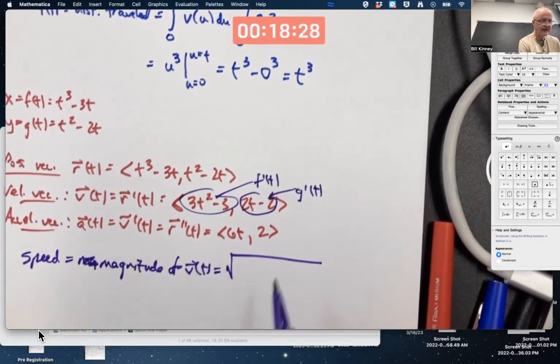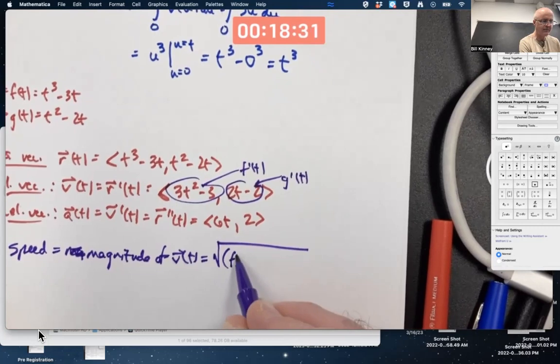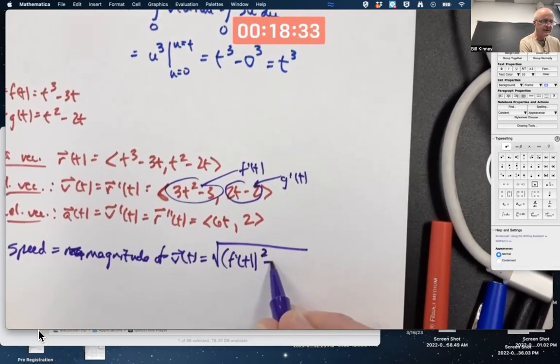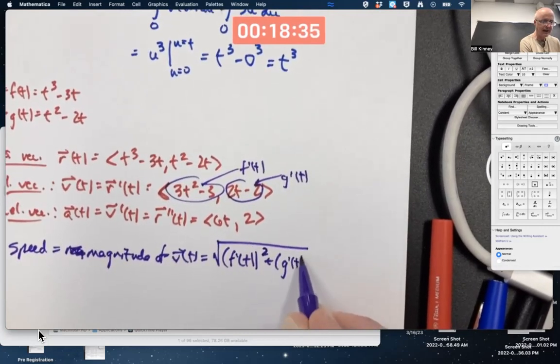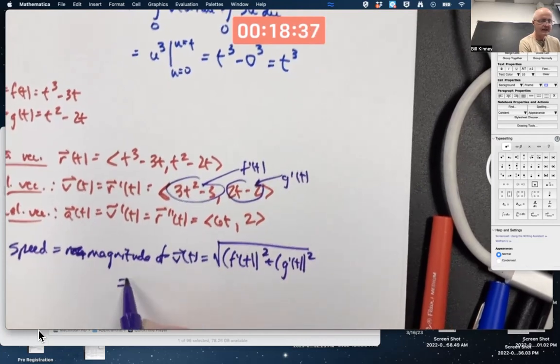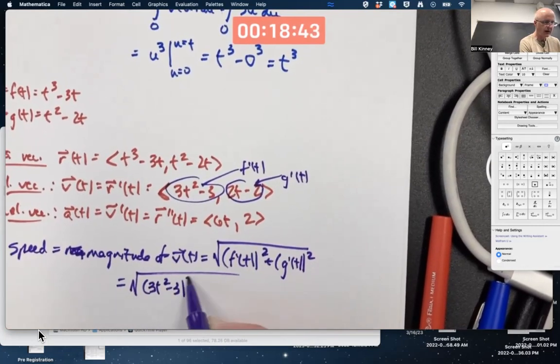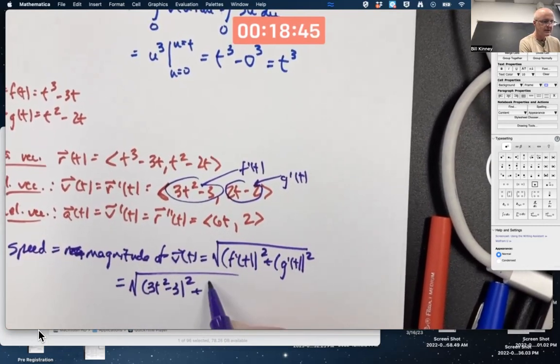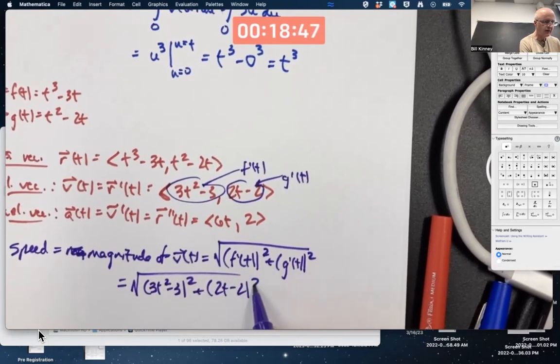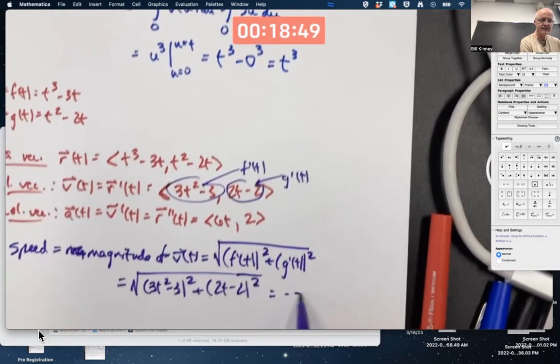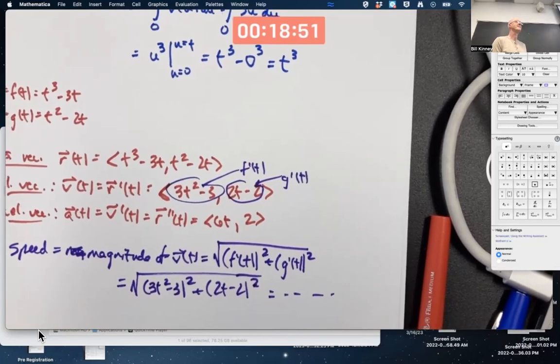The general formula is the square root of f prime of t squared plus g prime of t squared. That's just the Pythagorean theorem to find that length, which for this example is going to be the square root of 3t squared minus 3, squared, plus 2t minus 2, squared. And yeah, I could simplify that. I'm not going to bother.